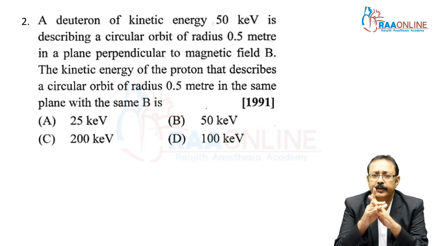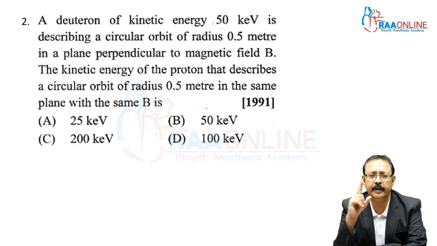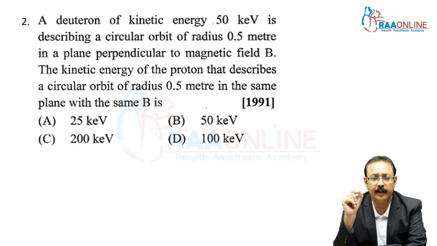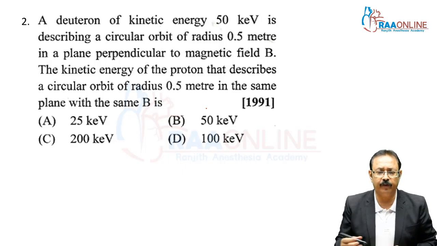Of kinetic energy 50 kilo electron volt is describing a circular orbit of radius 0.5 meter in a plane perpendicular to magnetic field B. The kinetic energy of the proton that describes a circular orbit of same radius in the same plane with the same magnetic field. We know that what was R?